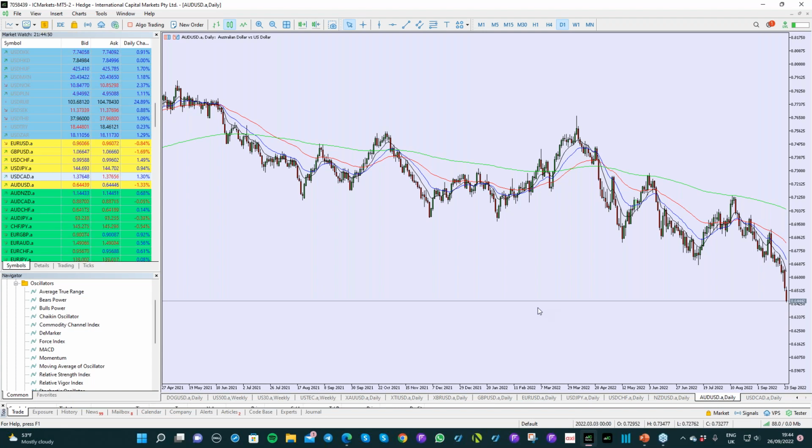US dollar is extremely strong at the moment. It has been for quite some time, which is why we're seeing all of these major Forex pairs in such strong trends. We're also seeing commodities like gold, even the price of oil currently falling as well. And that is predominantly due to this US dollar strength.